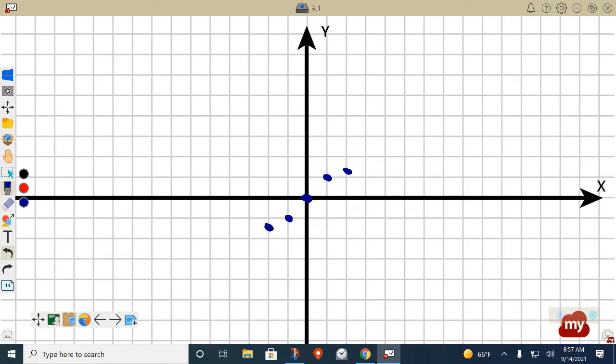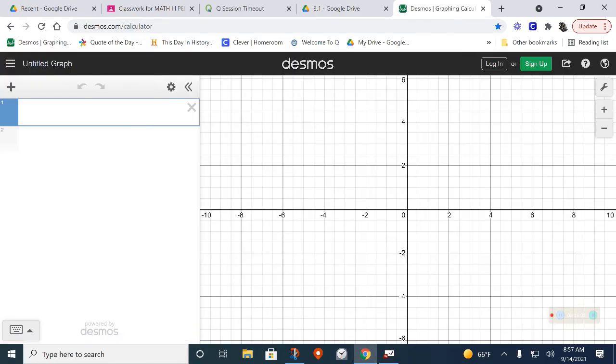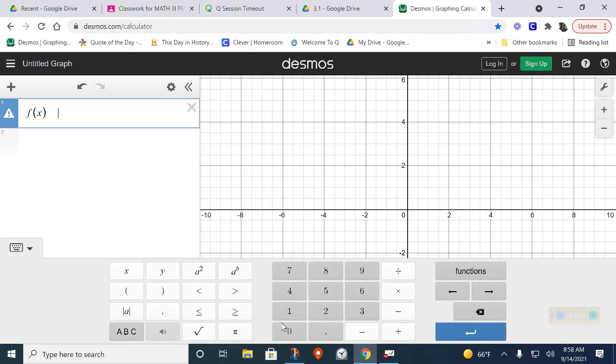Now, to check my work, and this is what I want you to do as you do your own, I'm going to go to Desmos again, but I'm going to go to the graphing calculator this time. And I'll put the links of both. Let me just double check my work. F of x is equal to cube root. Type right here, this button has all the functions.